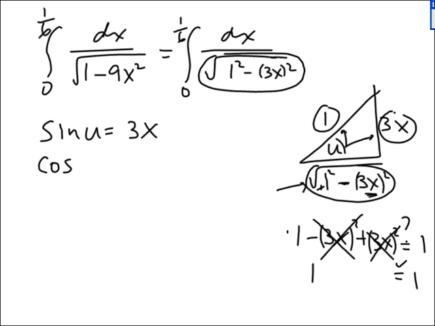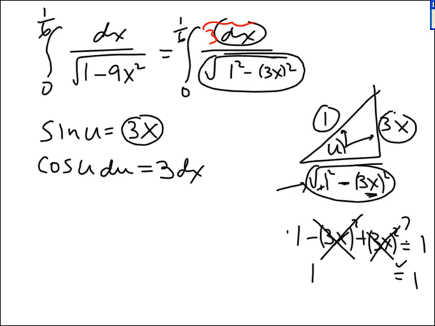Since we need to know what dx is, I'm going to take the differential of both sides. The differential of sine u is cosine u du. And the differential of 3x is 3 dx. So if I only had the 3, I can call it dx. But to put a 3 in, I have to bring out a 1/3.